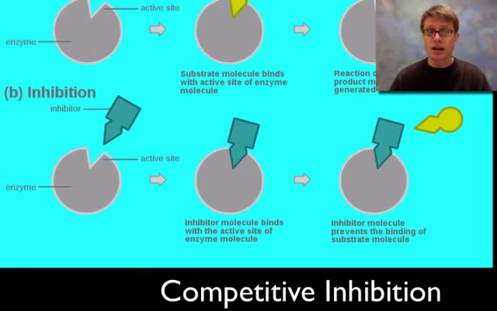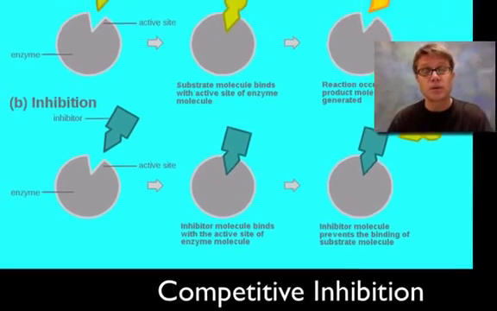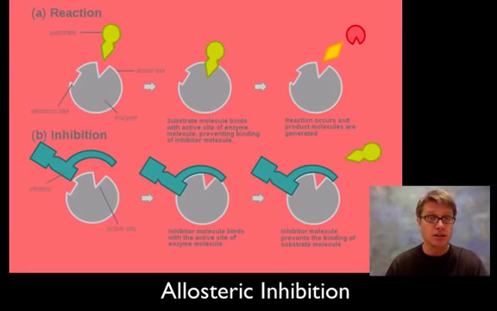Now we can also do non-competitive inhibition, and we usually call that allosteric. Allosteric reaction works the same way. So here we are, we've got our enzyme. Here's our substrate. It's trying to fit into the active site. We also have what's called an allosteric site, which is going to be another site on the enzyme itself. And so one type of allosteric, or changing the shape inhibition that we can do, is we can have an inhibitor now that's just going to bond to that allosteric site.